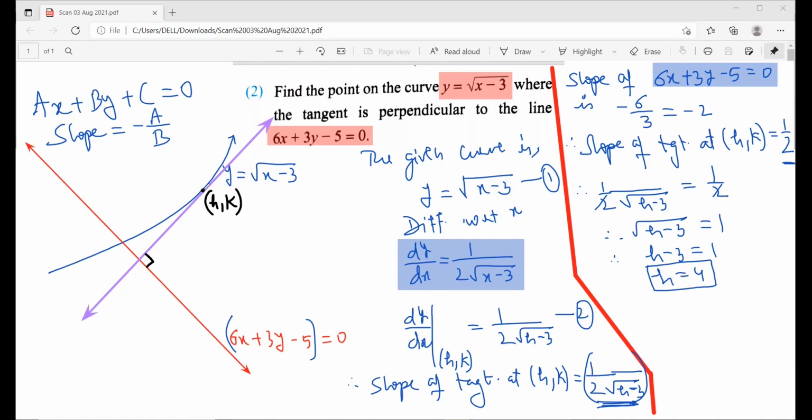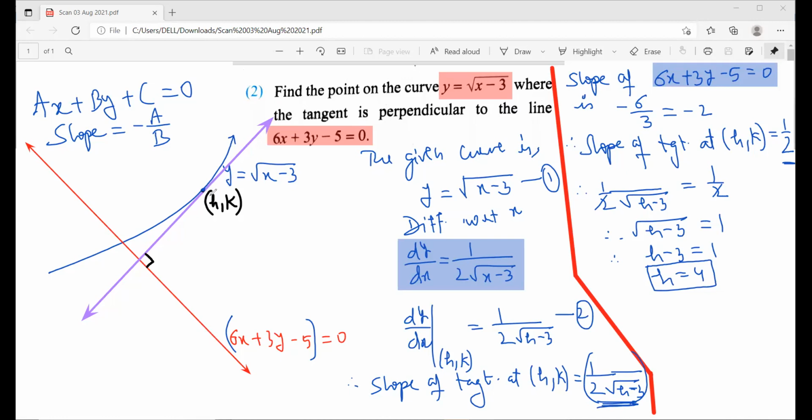Look at this point. This point is a common point on the tangent and the chord. It is a common point. Now this point h comma k lies on the chord.